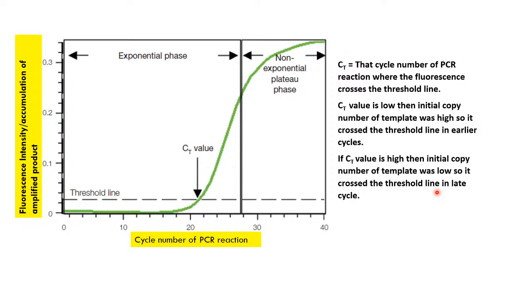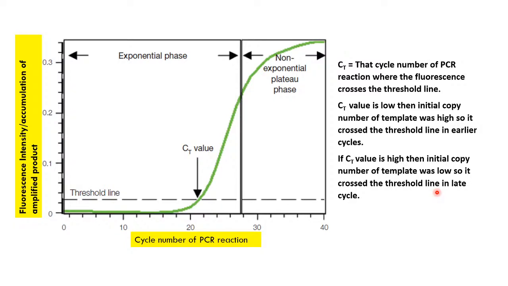All these things can be done by utilizing the CT value. So CT is nothing but the cycle number of the PCR reaction where the fluorescence is crossing the threshold line. Less CT, the initial copy number was high, that's why it crossed the threshold line earlier. More CT value means the initial copy number was low, that's why it crossed the threshold line in a late cycle, right?